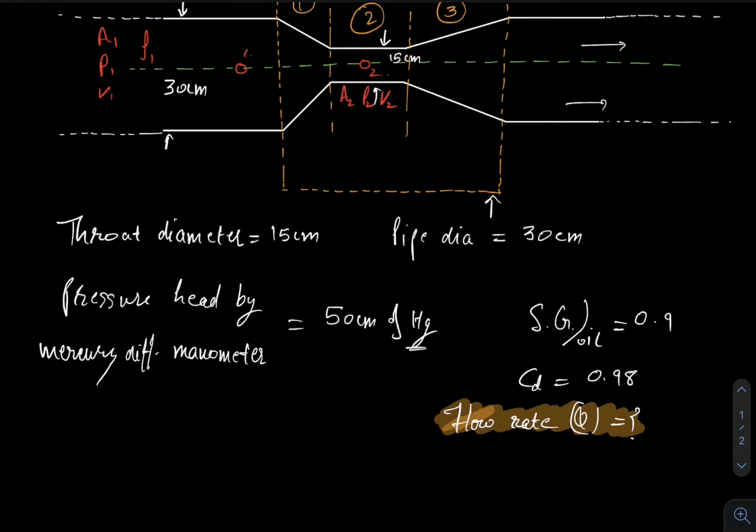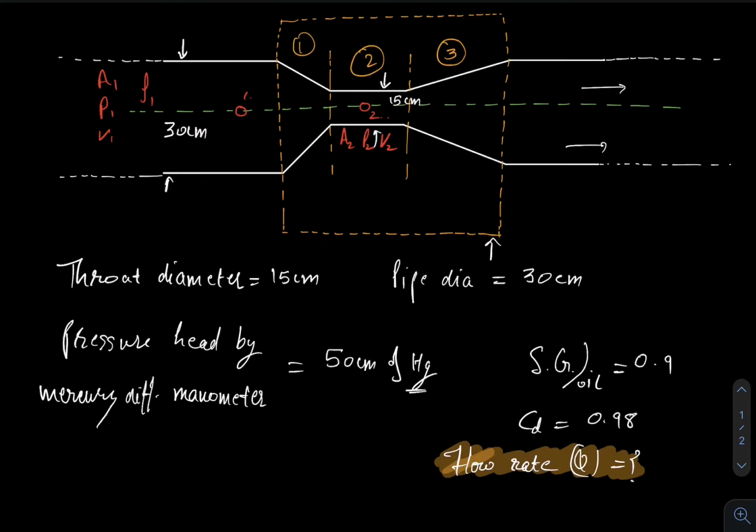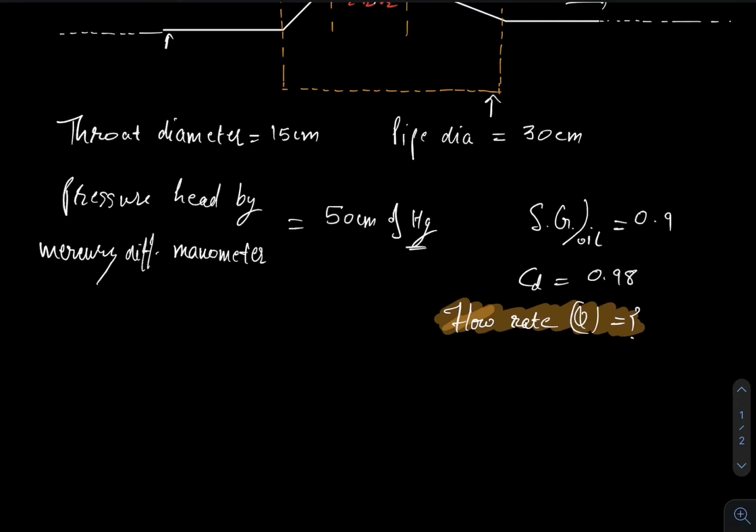So first of all, to apply Bernoulli's equation, what was the formula? First of all, what's the formula for calculating discharge? We have calculated in the last class. It's equal to CD A1 A2 divided by square root of A1 square minus A2 square, multiplied by root of 2gH. We have already derived this formula in the last class using Bernoulli's equation.